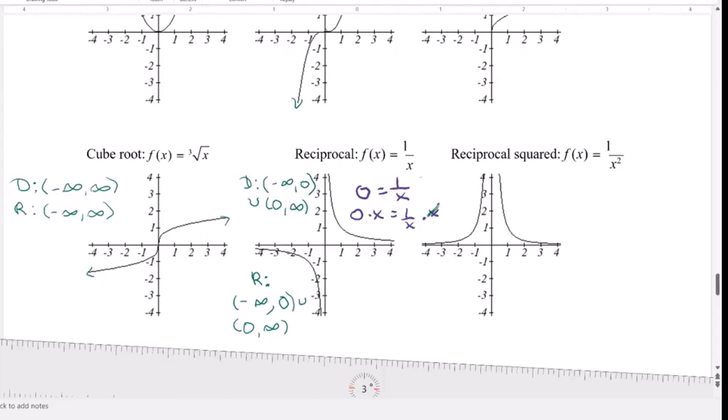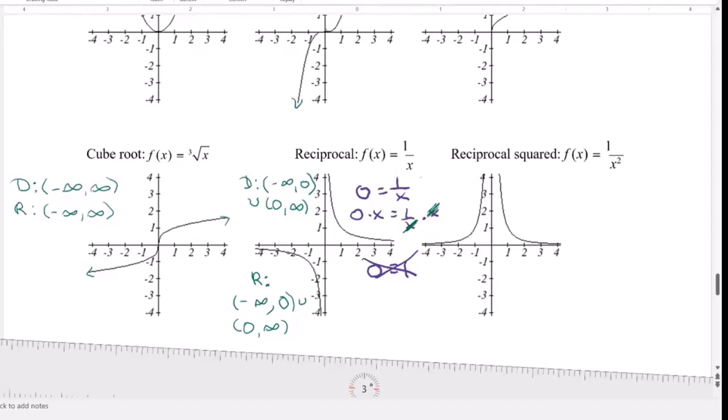This x would cancel with this x and give me 1. And notice I would end up with 0, because 0 times anything is 0, equals 1. Well, obviously, that doesn't work. So we can say this function is never going to equal 0. So that's why I know my range is from negative infinity to 0. And then I'm going to add on to that 0 to infinity.